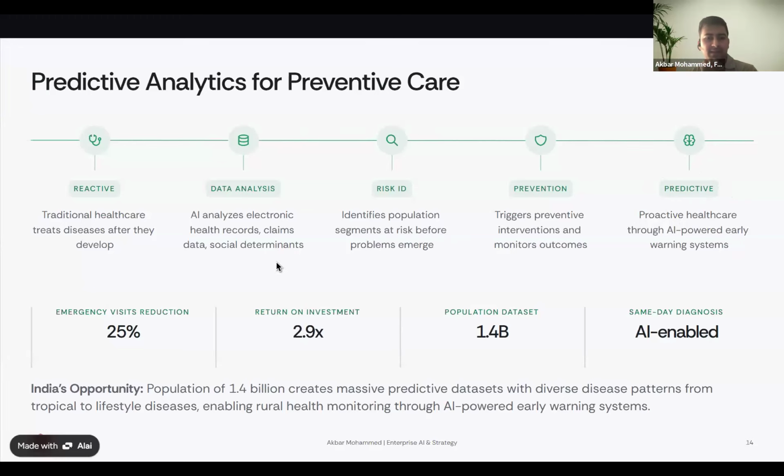Now, with that predictive capability, and these are some real numbers based on some of the things I've seen in practice, trying to predict preventable ER visits, that model alone has helped achieve a 25% reduction in ER visits. What I mean by this, maybe I'll give you a real example.